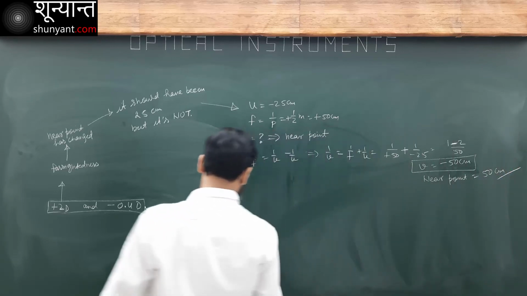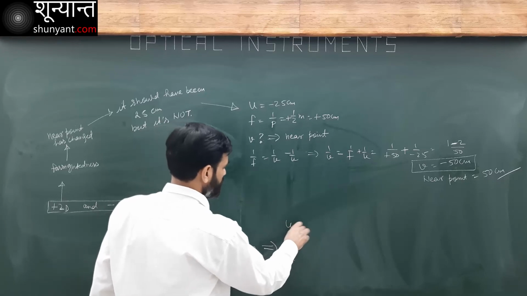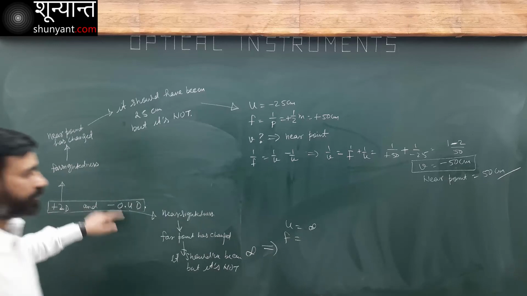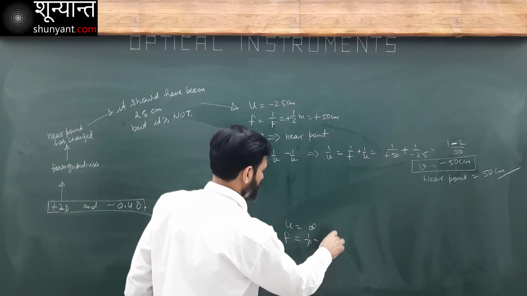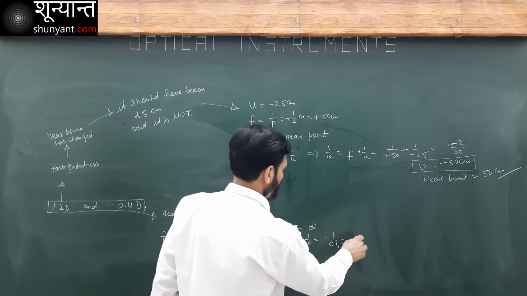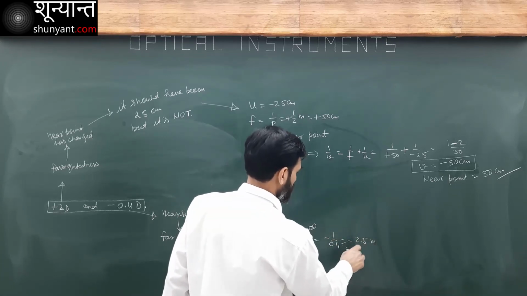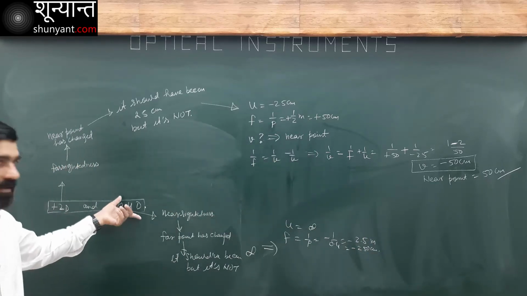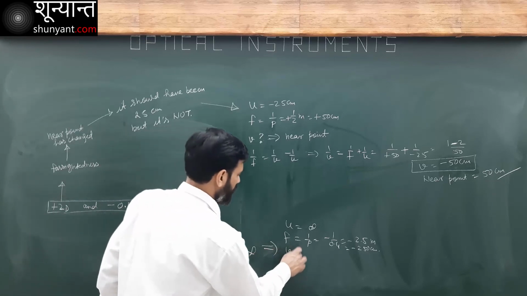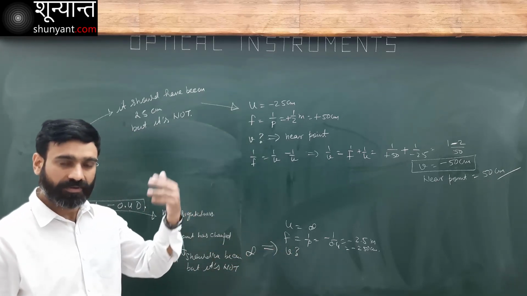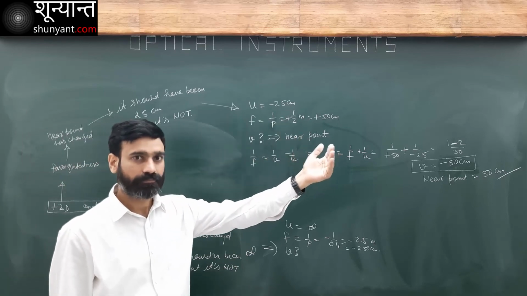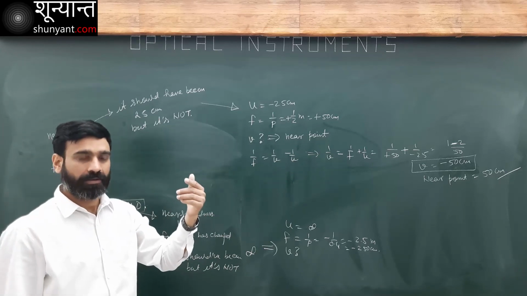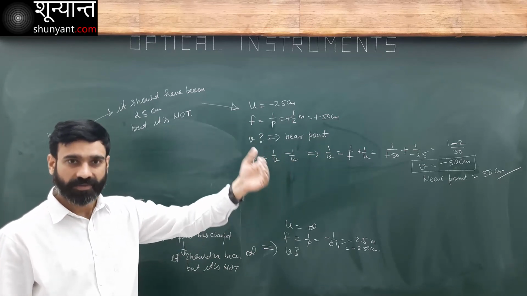Now here, u is infinity. Focal length is 1 over P, which is 1 over minus 0.4, which is minus 2.5 meter, or minus 250 centimeter. This is the focal length of this lens here. v I do not know. My far point will be v. My object is at infinity. I am using this lens to see that object, so wherever the image is formed, that becomes my far point.